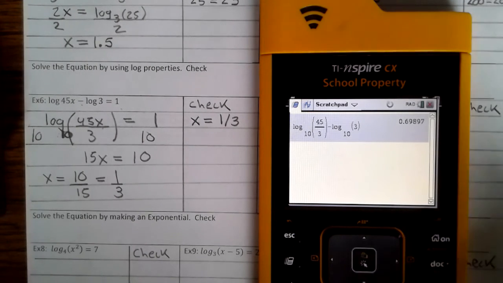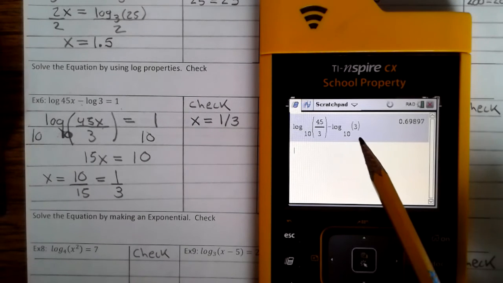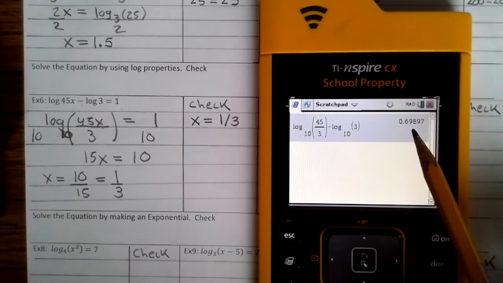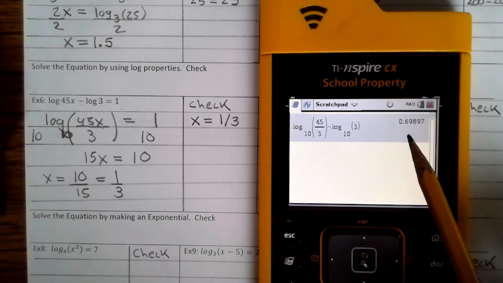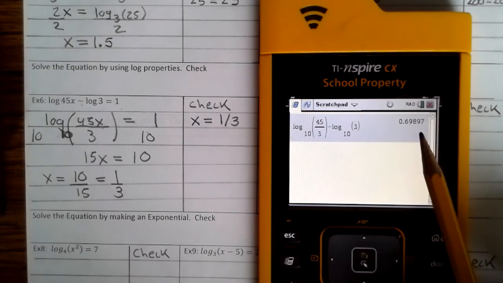But wait. Remember, when it doesn't check out, we always go back to our work. Let's check this. 10 divided by 15. Well, that actually is not 1/3. It's actually 2/3. So you can see here when we check, that told us to go back and look at our work to see if we made a mistake.